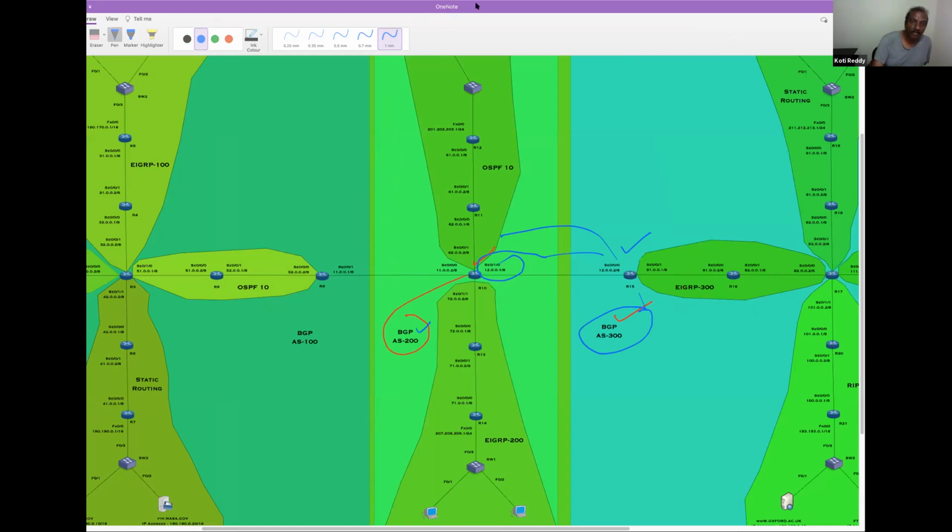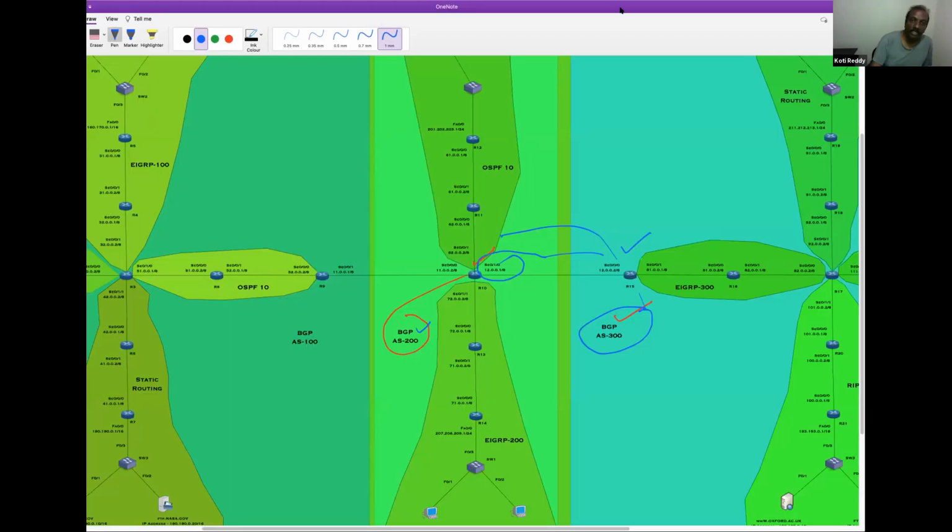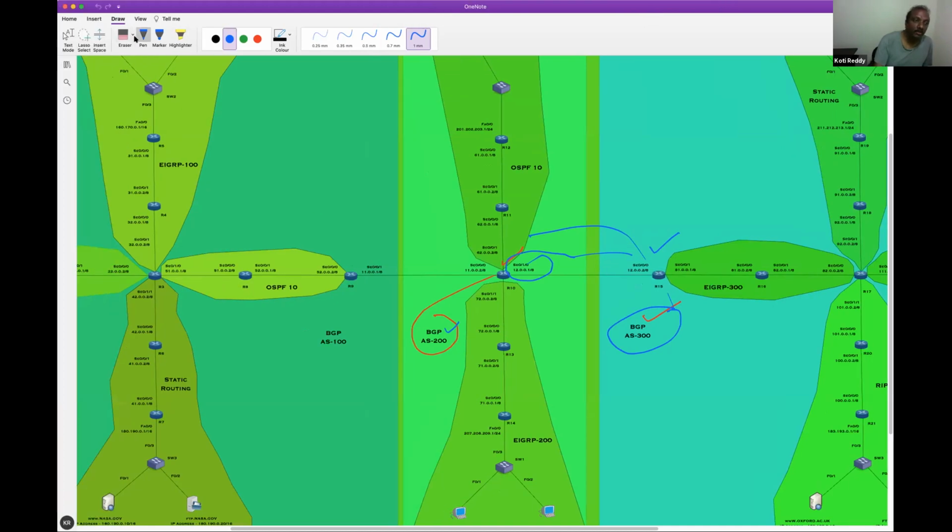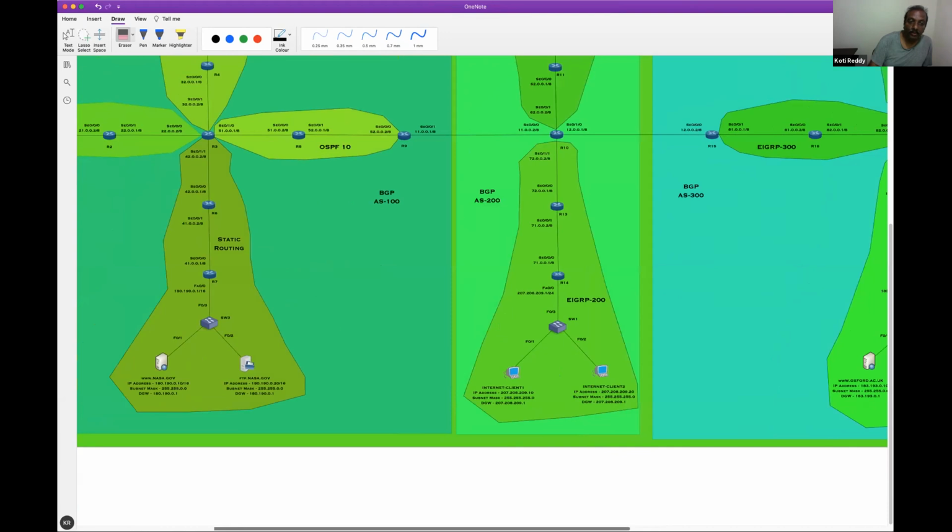Fine. Now let us do redistribution from routing protocols into BGP, and BGP into routing protocols again. First of all, let us see how to bring all the routes of ISP1 to ISP2.